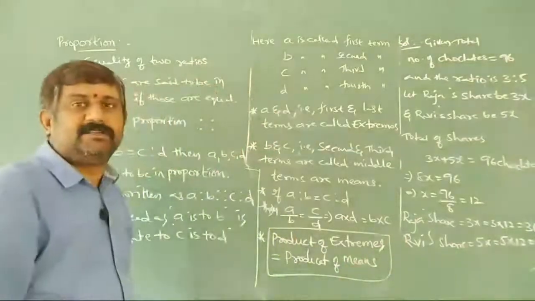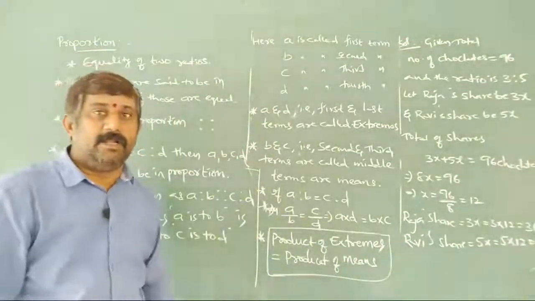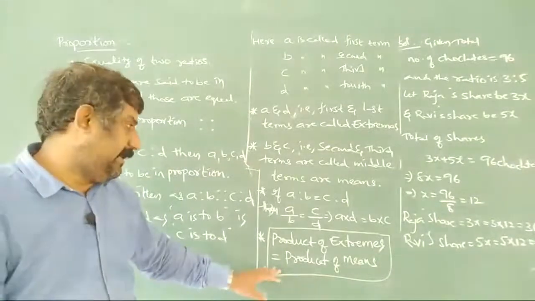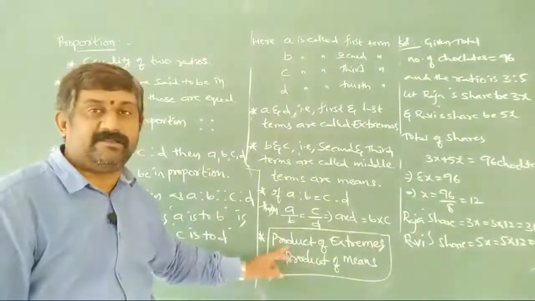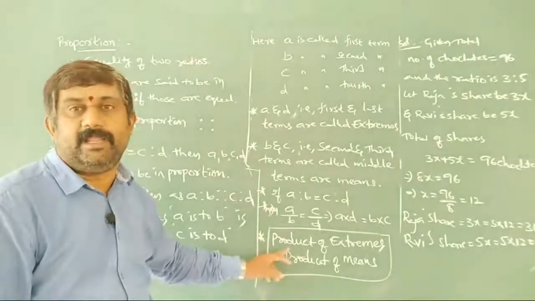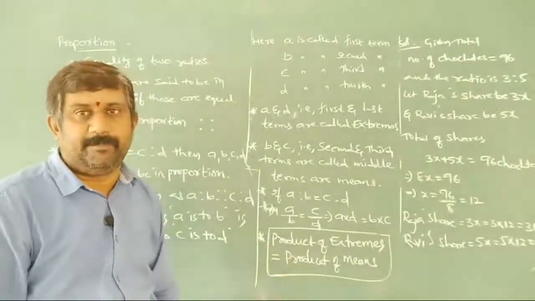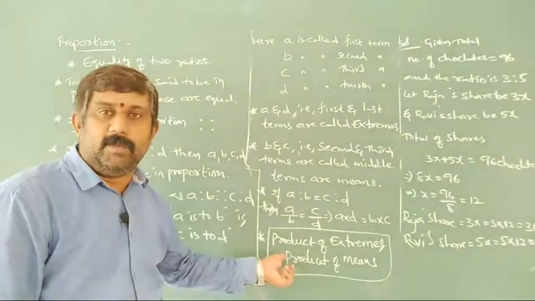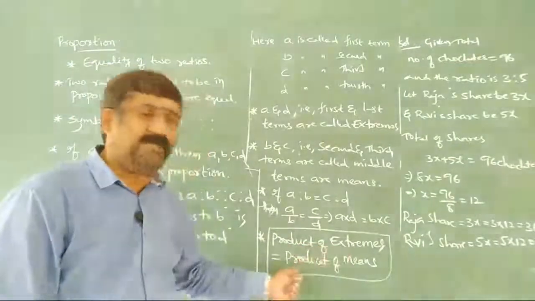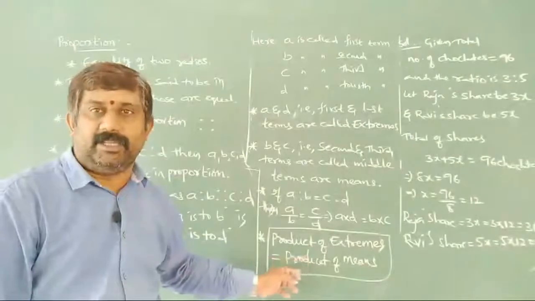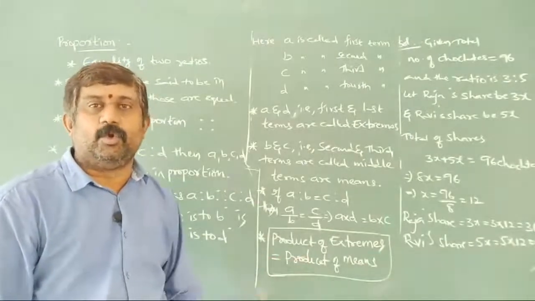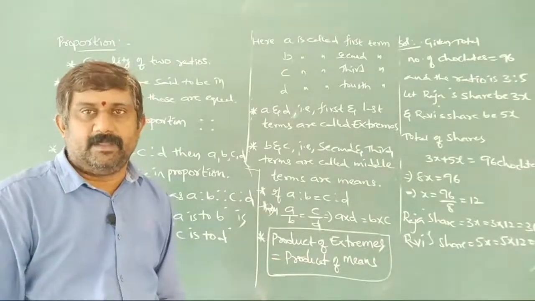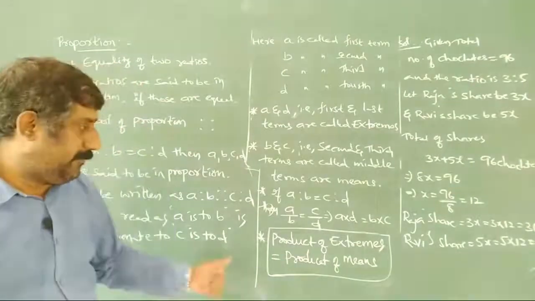Observe here, if extremes and means satisfy this relation, automatically we can say those are in proportion. So how to check proportionality? Simply we are going to check this rule: product of extremes is product of means. If these both are equal, then automatically we can say those will be in proportion.